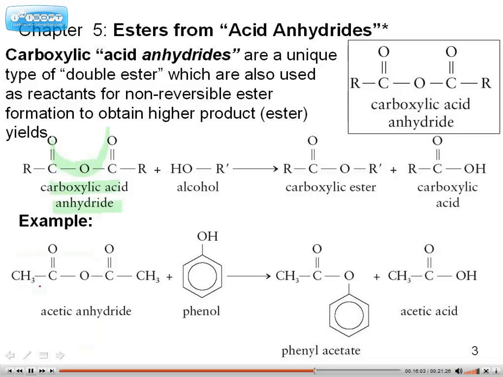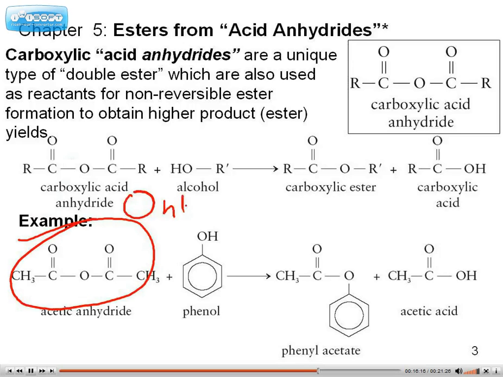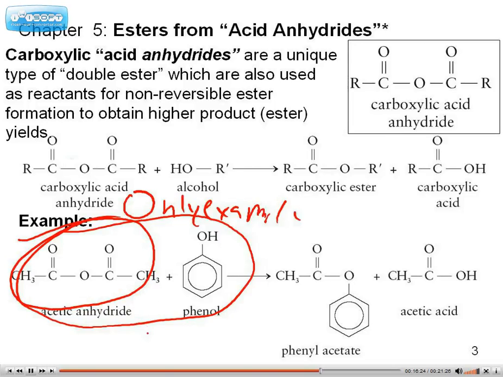Now, these can be very difficult in their own. So if I ever give you a question on carboxylic acid anhydrides, this is the only example I would give you. And essentially what I would do is I would literally cut and paste these starting reactants and ask you to predict the products.